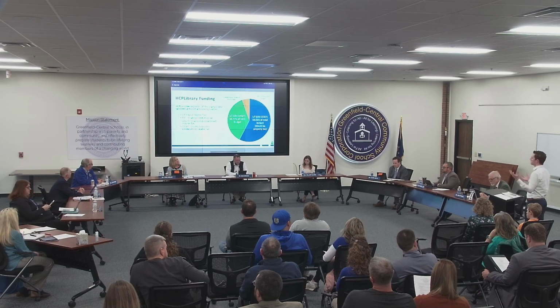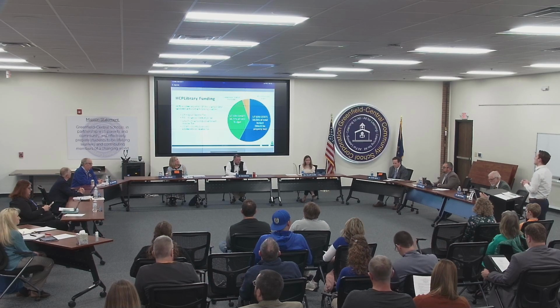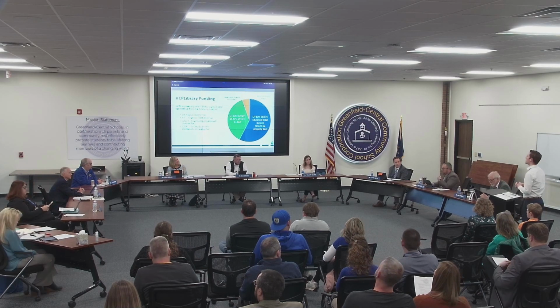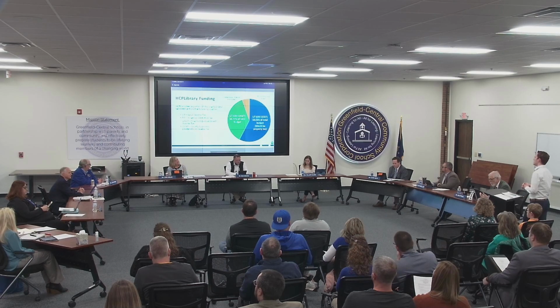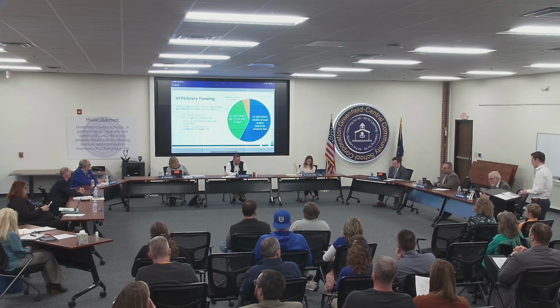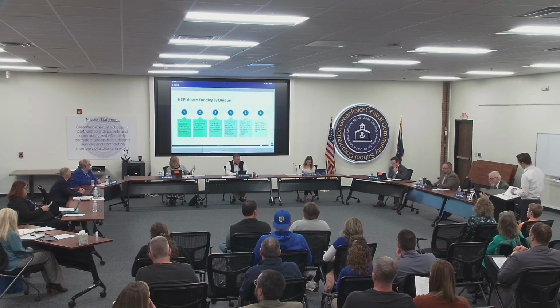Those were lumped together a few years ago into one pot. The majority of our budget is made up of those fundings, but we do get a little less than 5% from license excise, and a very tiny bit of financial institution tax. So that's how our funding is made up.